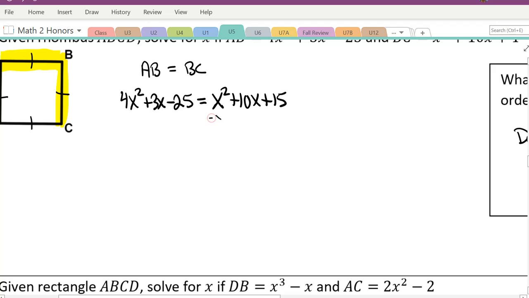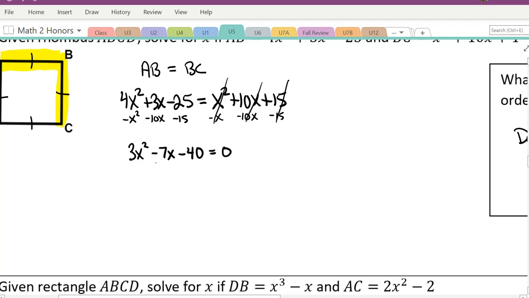So I'm going to subtract x squared from both sides to 0 out that part. I'm going to subtract 10x from both sides to 0 out the middle term, and subtract 15 from both sides so that the whole right side gets zeroed out, and I end up with 3x squared minus 7x minus 40 is equal to 0.